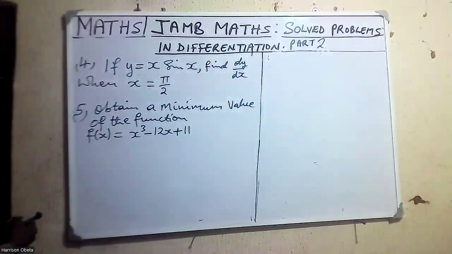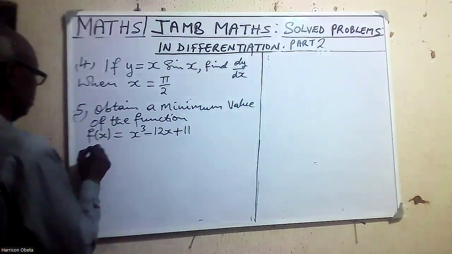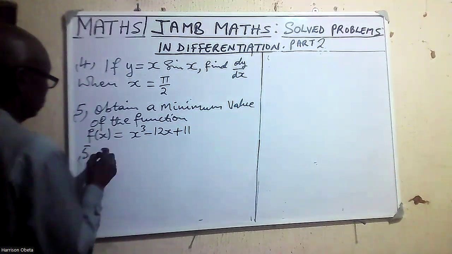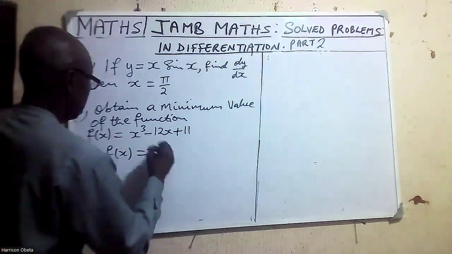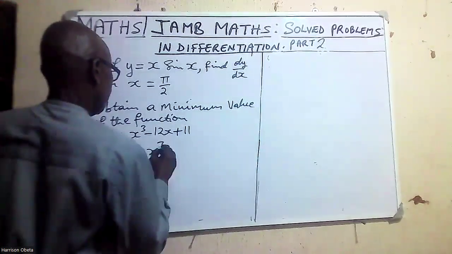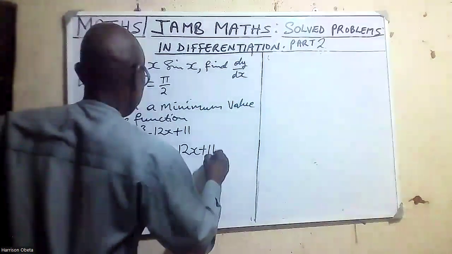So moving on, here we are told to find the minimum value. Number 5 now. f of x is x cubed minus 12x plus 11.